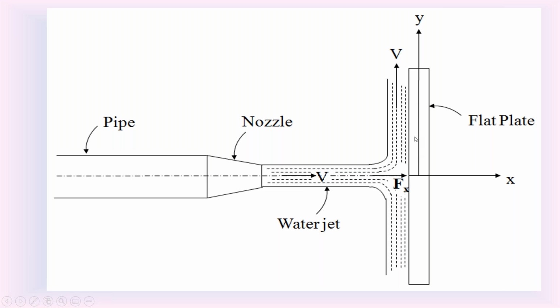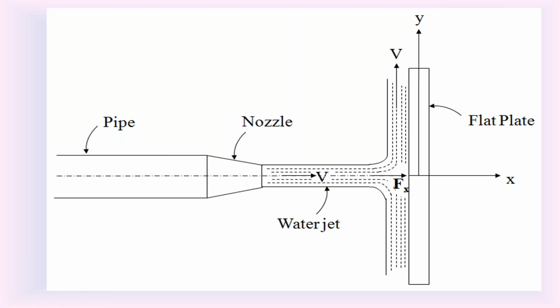Check this metal plate. It is stationary, that is rest condition. The metal plate is a stationary vertical flat metal plate. Take the surface of the metal plate as a smooth surface, so there is no friction between the water jet and this metal plate after impact, without loss of energy.